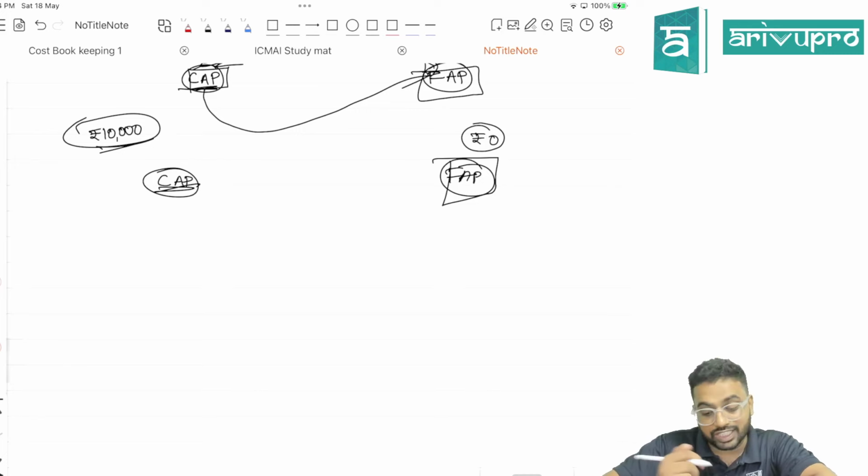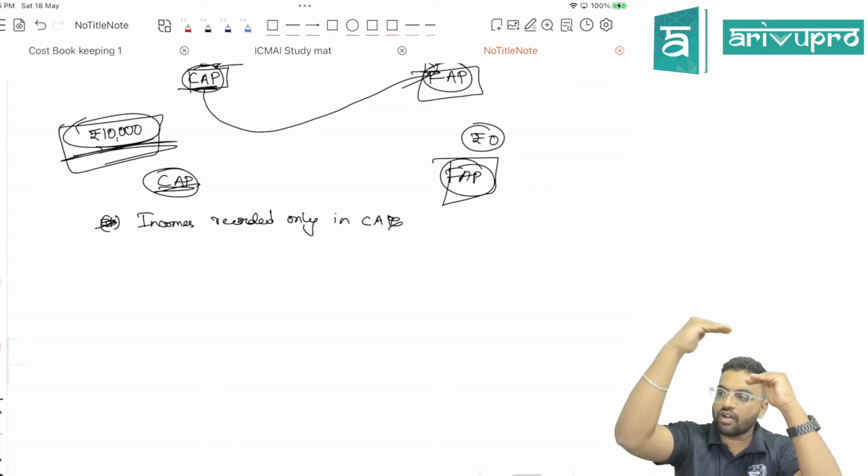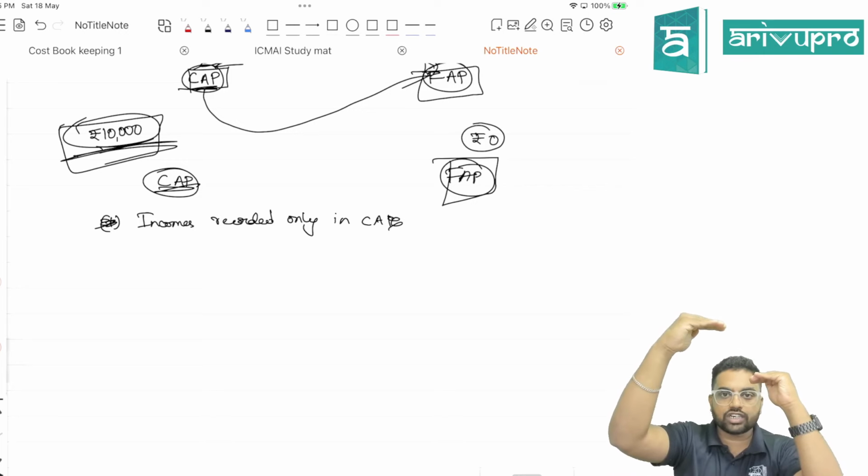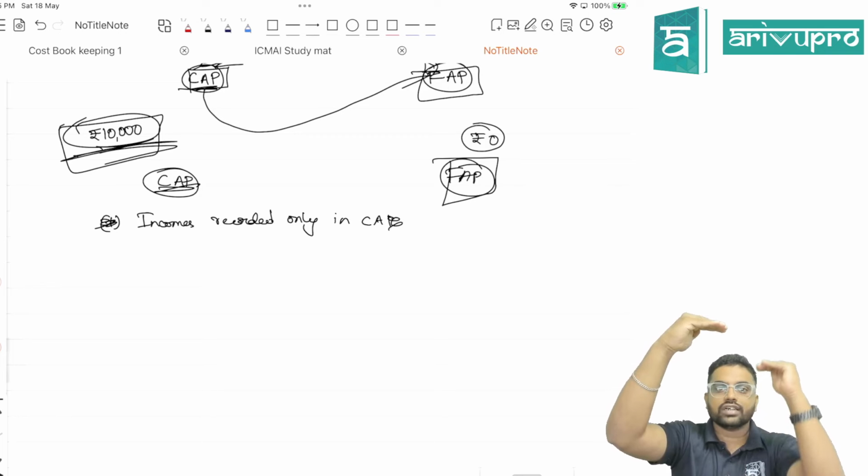only in cost accounts. Sir, certain incomes are recorded only in the financial accounts, not recorded in the cost accounts. This is financial, right hand; left hand is cost. Whenever we record it in financial, profit has increased. Now financial profit is the God, so in cost also we should take that.